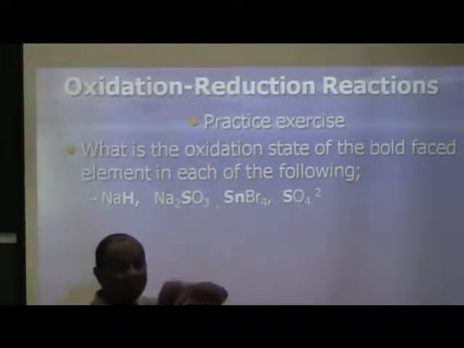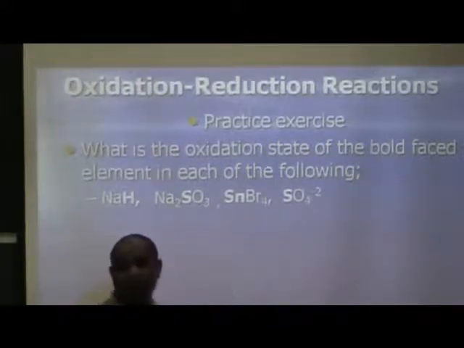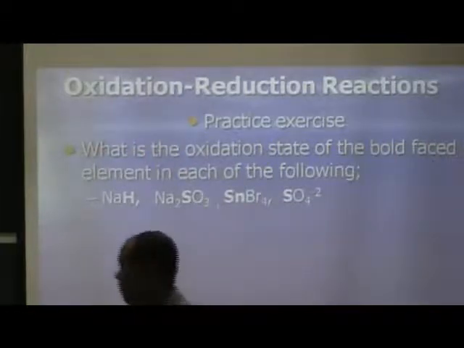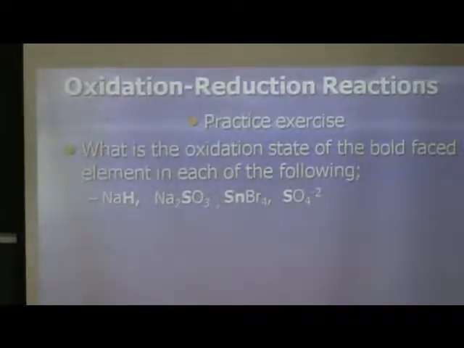How about here? What is the oxidation number of sulfur in the sulfate ion? Oh, 6. Okay, this is going to be X again, right?